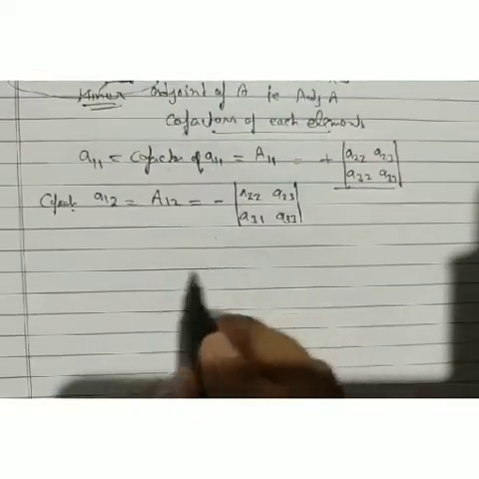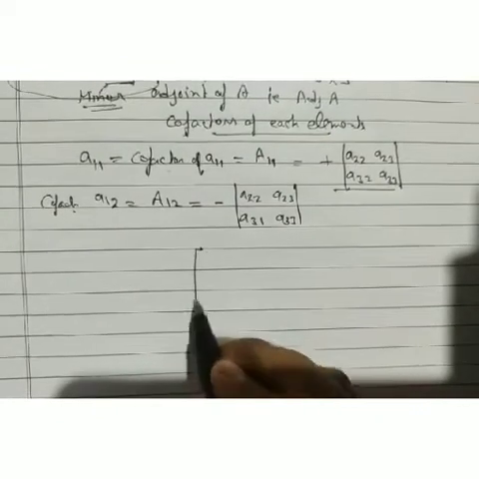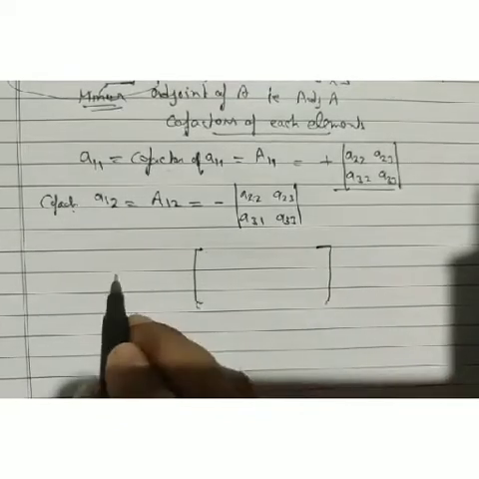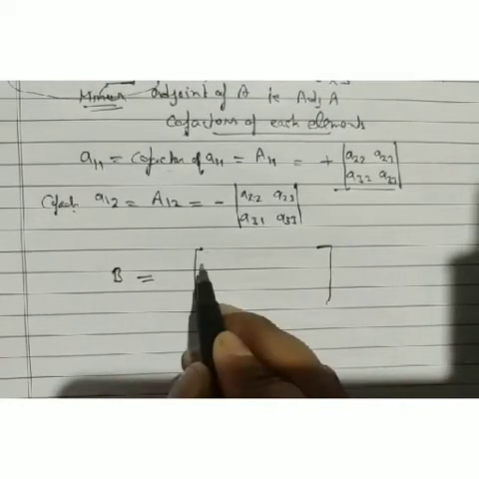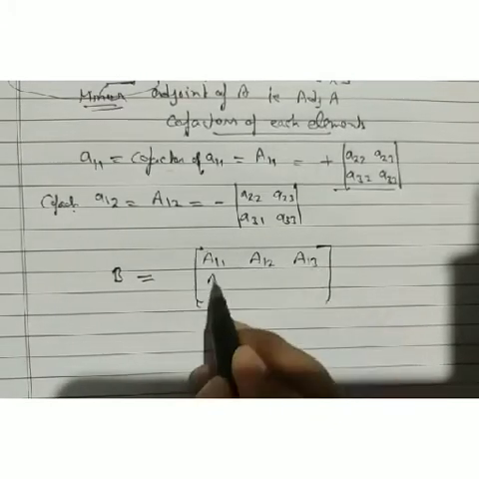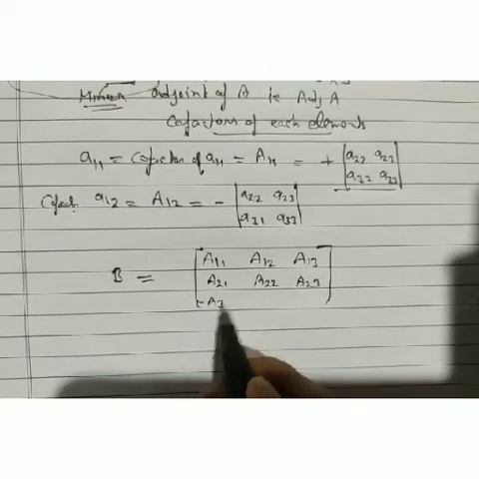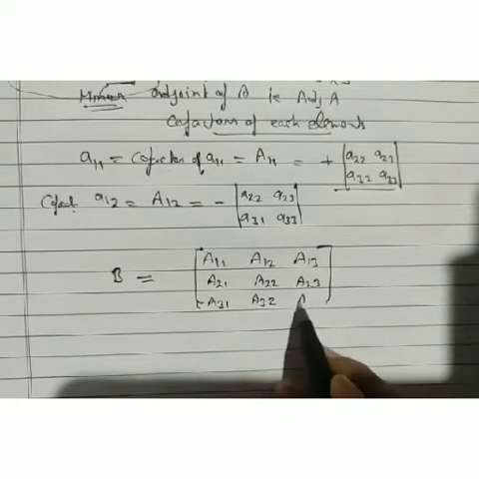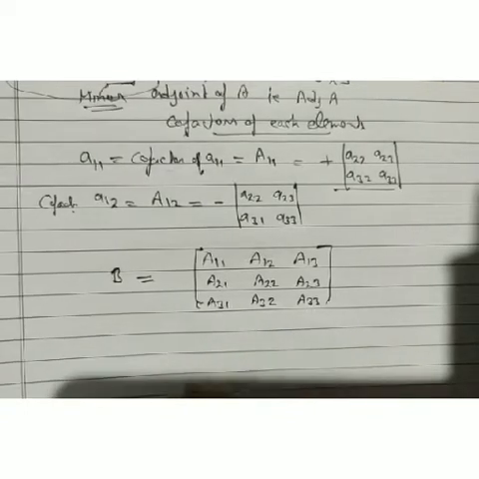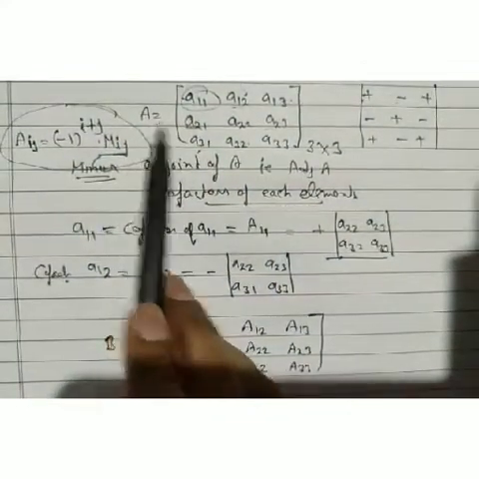In the same manner, we get all the cofactors. Just suppose we get all cofactors, then we form a matrix of cofactors. Suppose we have formed a matrix B of cofactors A11, A12, A13, A21, A22, A23, A31, A32, A33. Here, understand the process to find the adjoint of A. We have a square matrix.